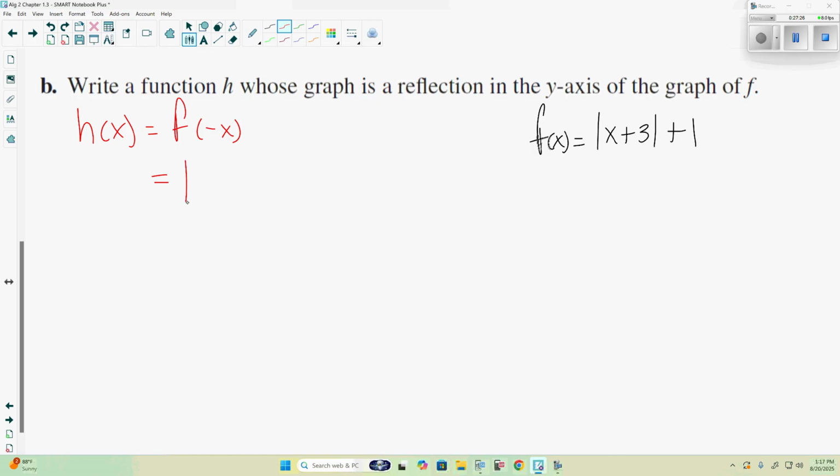So we still have the absolute value bar, but instead of x, we have negative x. Don't need the parentheses, so we can drop those, giving us the absolute value of negative x plus 3 plus 1. That's it. I know we're going a little quick, but are we good? Okay, cool.